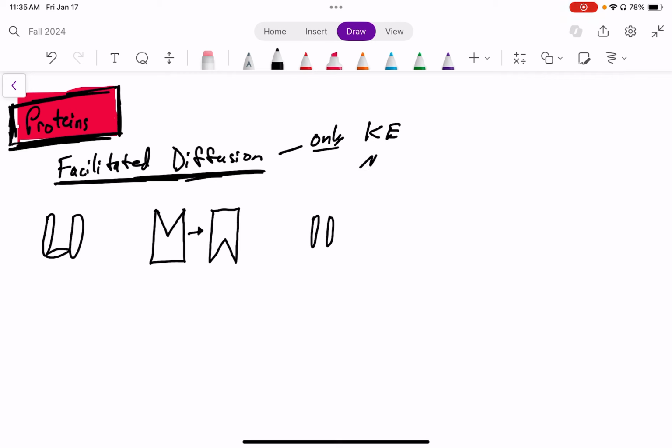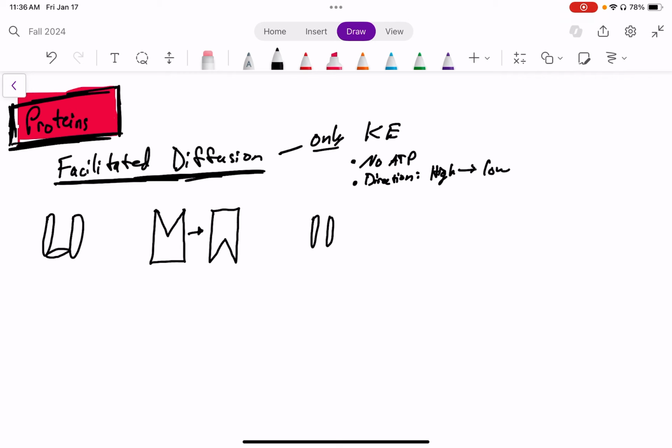So there's no ATP. And this also means that there is directionality. Specifically, the direction has to be from high to low solute concentration. And it's only one direction. You can only go one direction at a time.